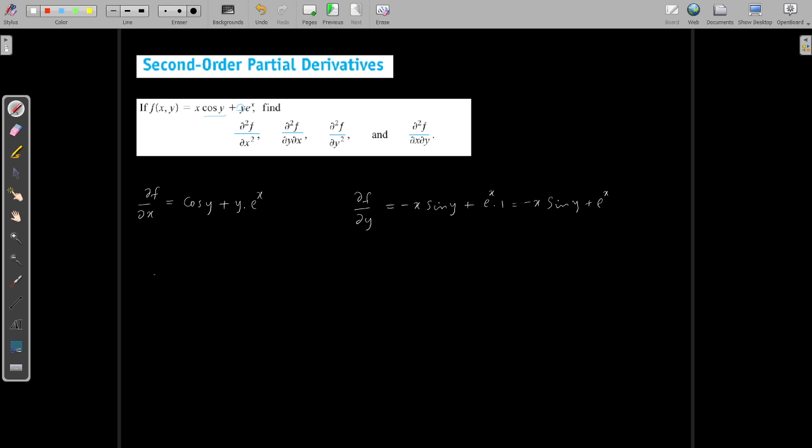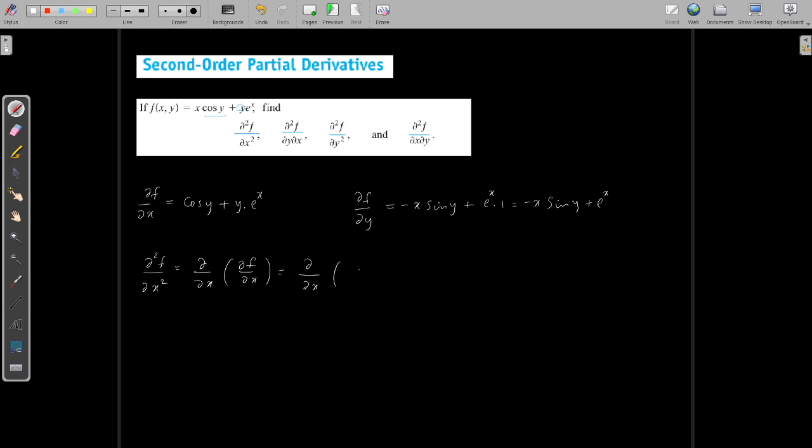Now you can start evaluating the second order partial derivatives. The first one is d squared f by dx squared. So this is equal to d by dx of df by dx. What is df by dx?